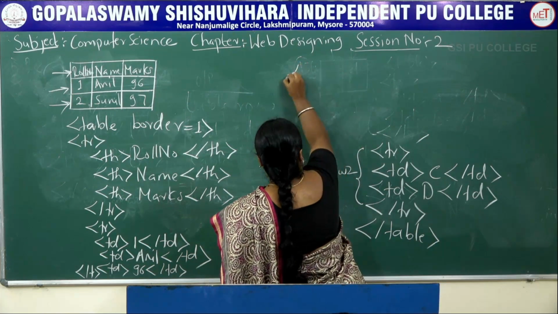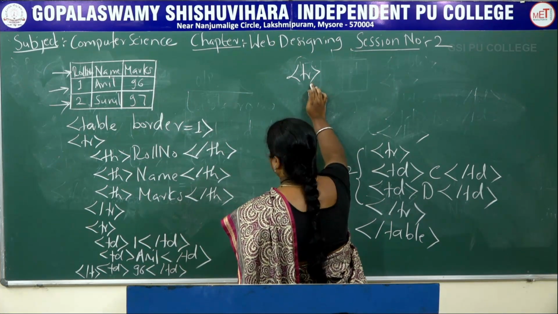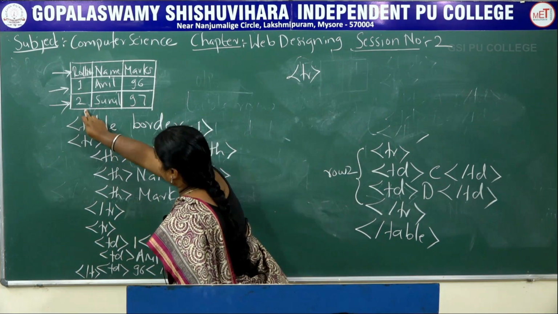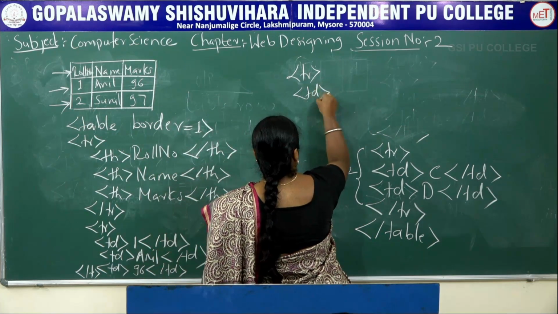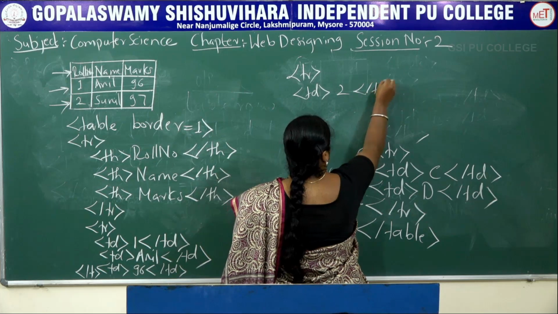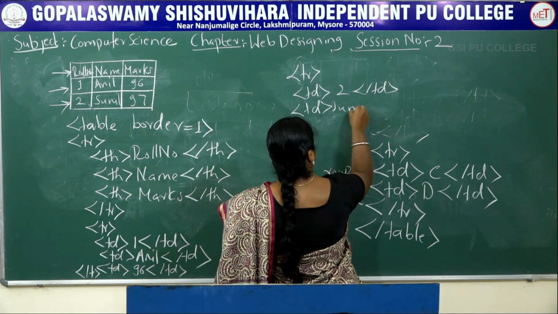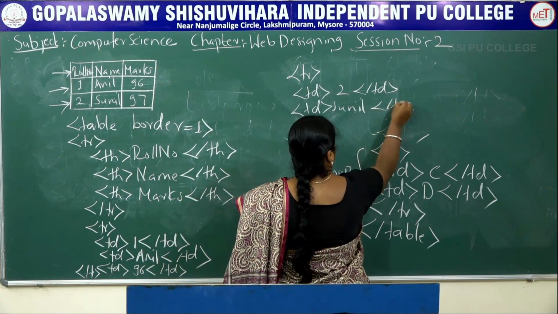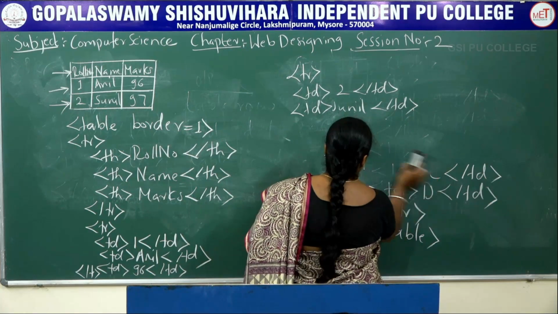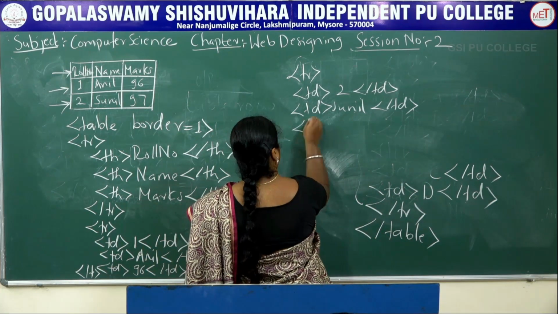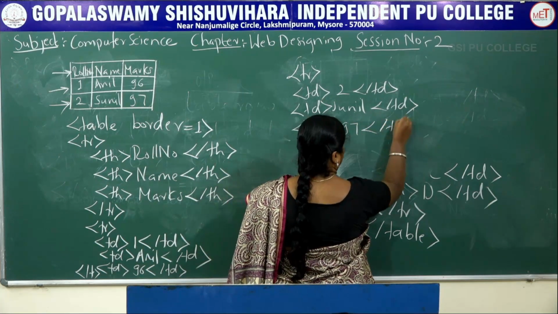So here as we are writing the code for the last row, it has to start with TR. The data inside that particular row, the first one is 2. So again TD 2 /TD. Again TD student name /TD, and the last one is marks that he has scored, that is 97, TD 97 /TD.